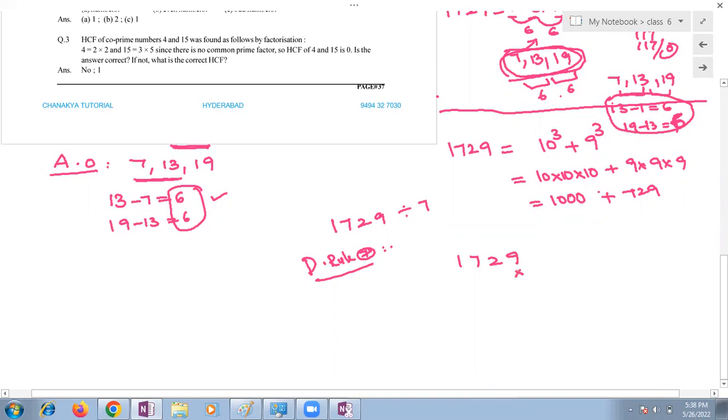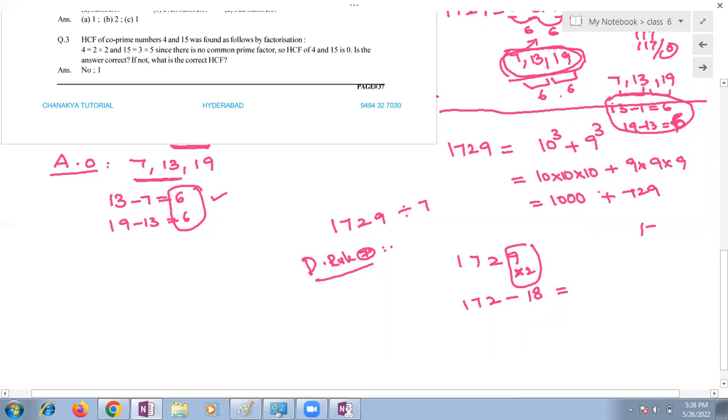You have to find the difference in the number. Take the last digit and make it twice. 9 twice is how much? 18. You subtract it from the remaining digits. 172 minus 18. What is 172 minus 18?